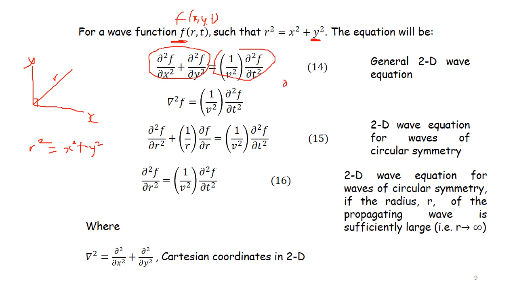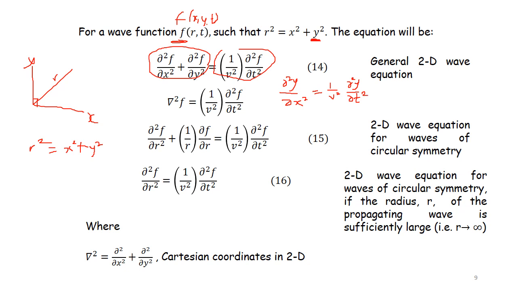We have d squared y dx squared, that's for the 1 dimension, equals 1 over v squared d squared y over dt squared.